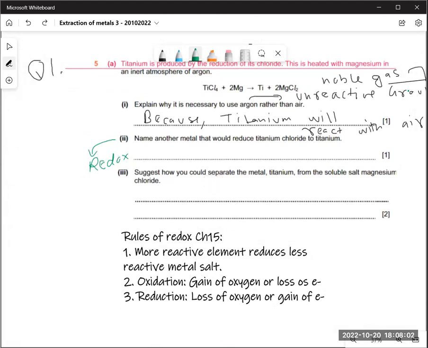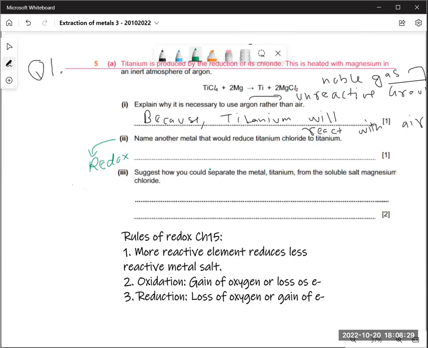Zirconium. Which metal is that? Just a second. I don't think that's a metal. Okay, it is a metal, but we don't study that in our syllabus. It's called zirconium.